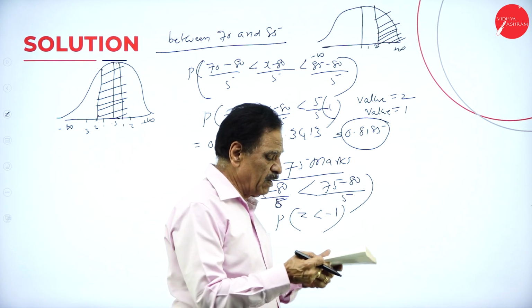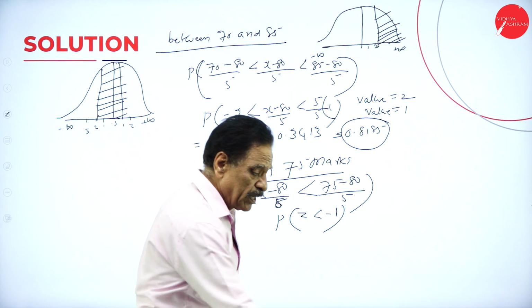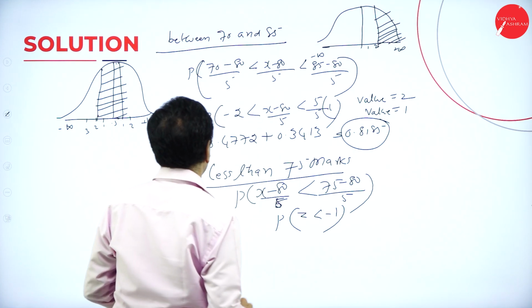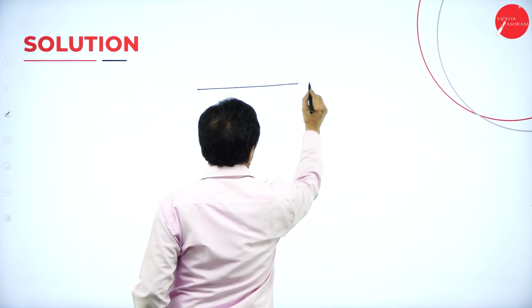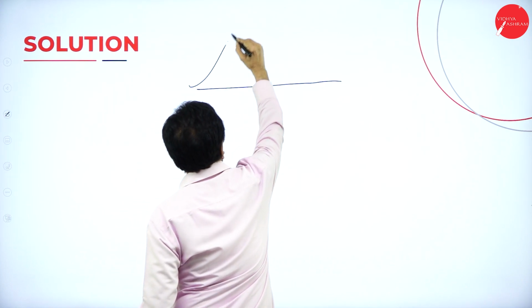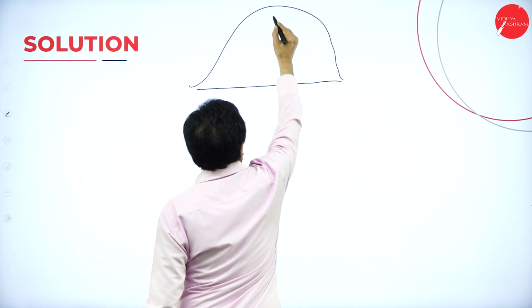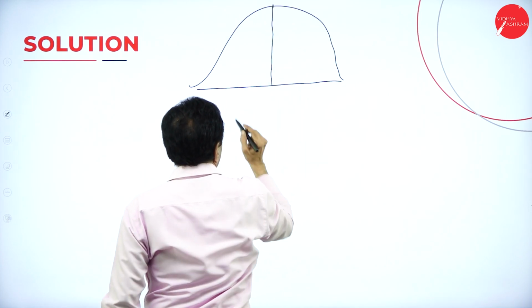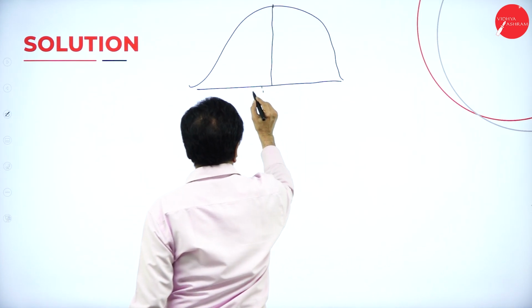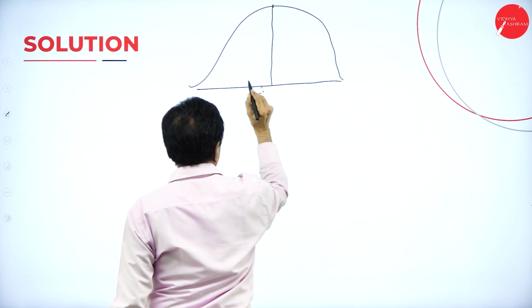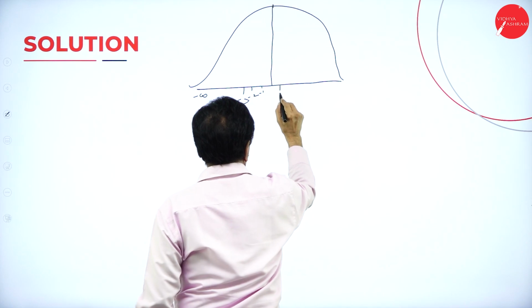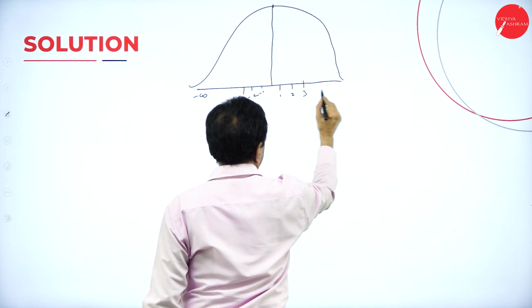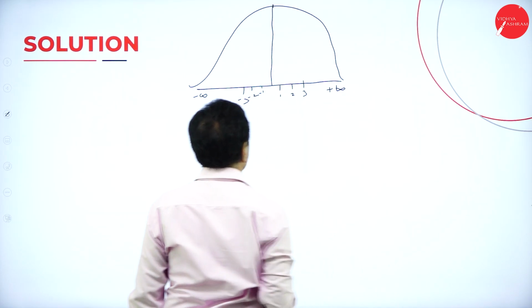So we have to draw the figure here, a negative figure: minus 1, minus 2, minus 3, minus infinity, plus 1, plus 2, plus 3, positive infinity.